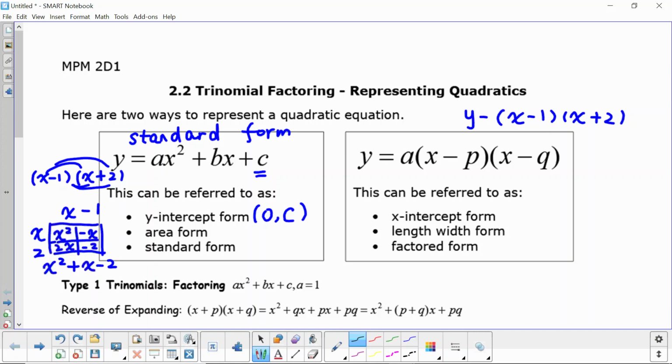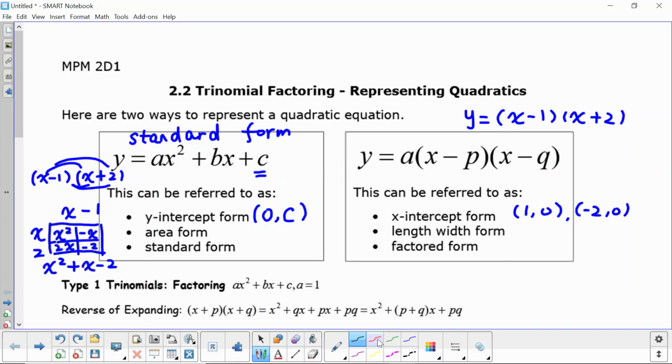Then we have learned that the x-intercept from this factored form will be the opposite of the number in the bracket. So it will be (1, 0), and the opposite of the number inside the bracket, so it's (negative 2, 0).